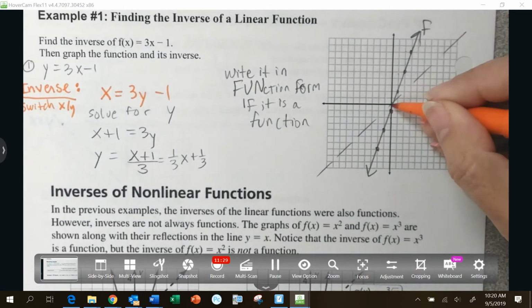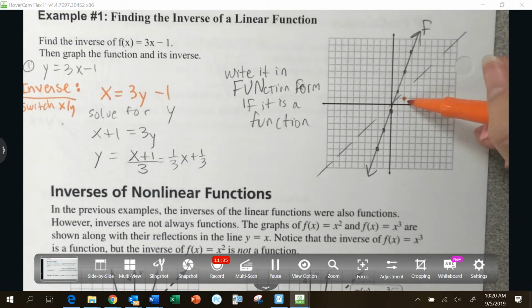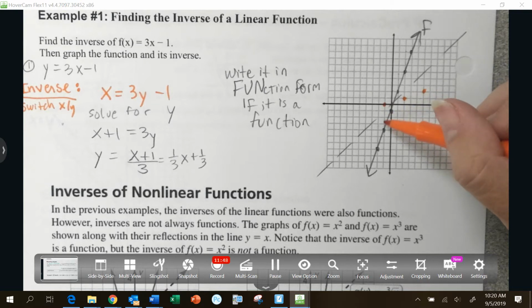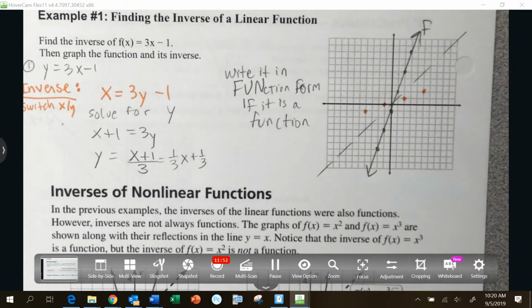So instead of 1, 2, I'm going to graph 2, 1. Instead of 2, 5, I'm going to graph 5, 2. Instead of 0, negative 1, I'm going to graph negative 1, 0. Instead of negative 1, negative 4, I'm going to graph negative 4, negative 1.